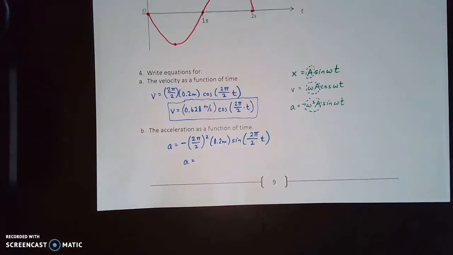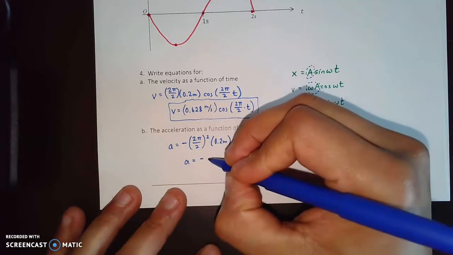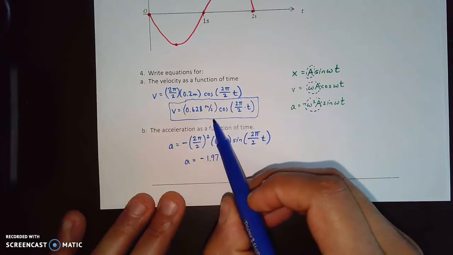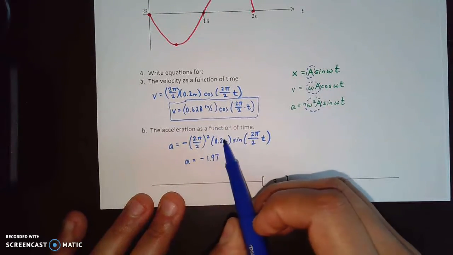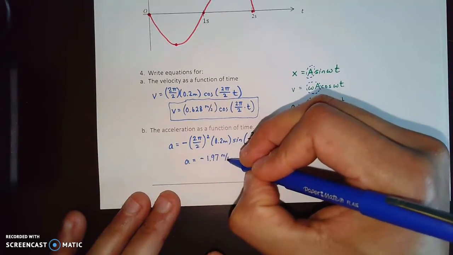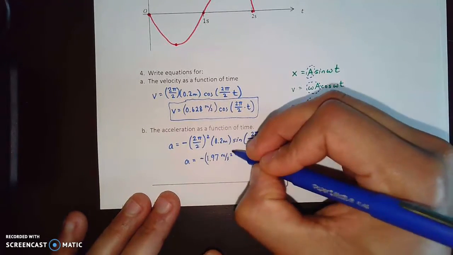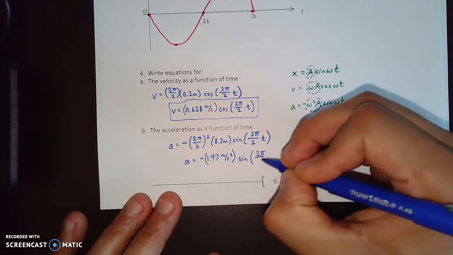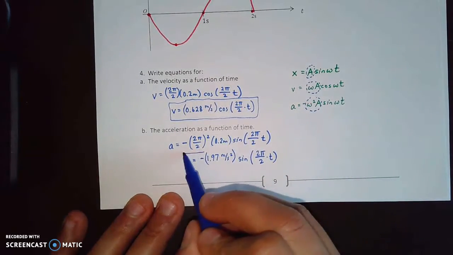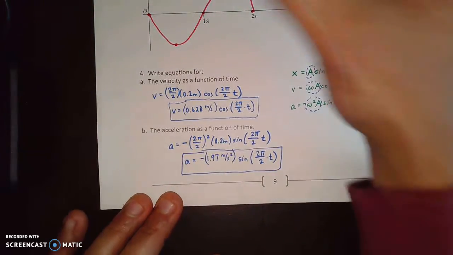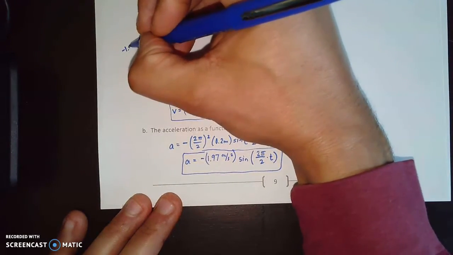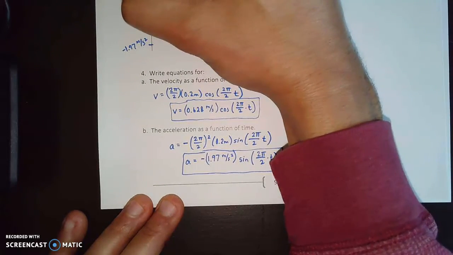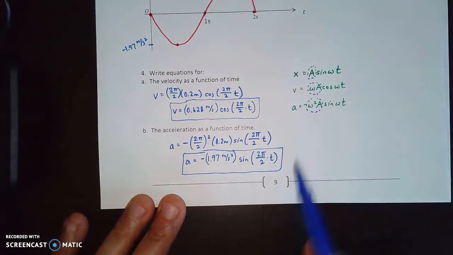So I get negative 1.97. Now again, let's look at the units. Radians squared over seconds squared times meters gives us meters per second squared. Perfect, that's our acceleration, times the sine of omega t. So there's our equation. And again, we can write our maximums based on what we know about our situation.